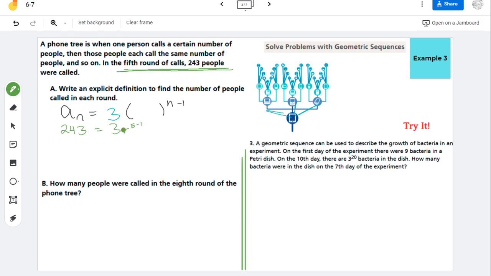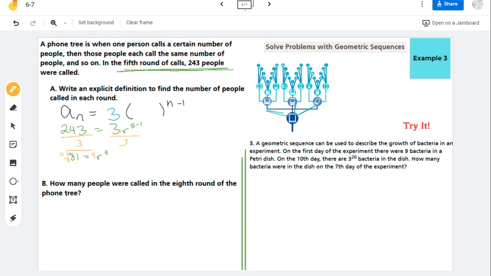Silly logarithm section. Either way, the first thing we need to do is get rid of that 3. So from both sides of the equation, I'm going to divide by 3. So 243 divided by 3 is 81. And up here inside my exponent, 5 minus 1 is 4. So I have 81 is equal to r to the 4th.